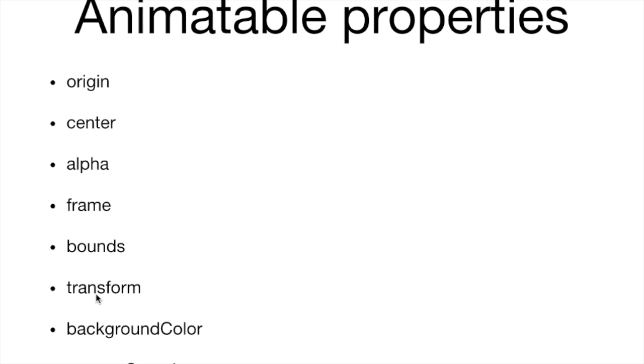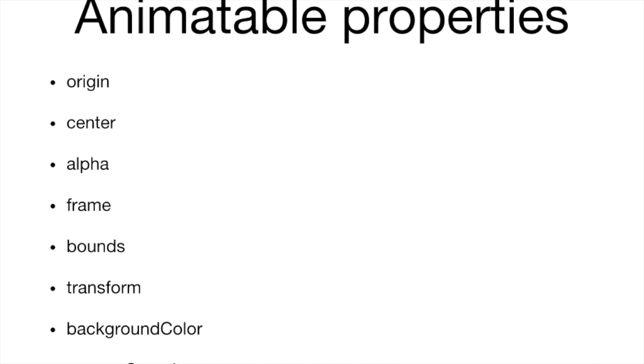And then transform is what we talked about. Transform has 2 things, right? The scale and the rotate. We want to make it scale bigger, smaller, or rotate left, right, something like that. And remember the rotate is all in the radian system. It's not a degree system. So you need to multiply by pi and then divide by 180.